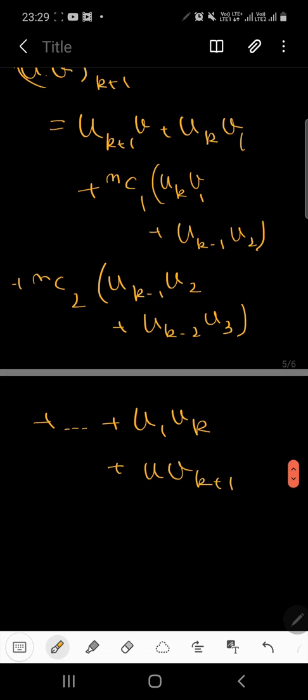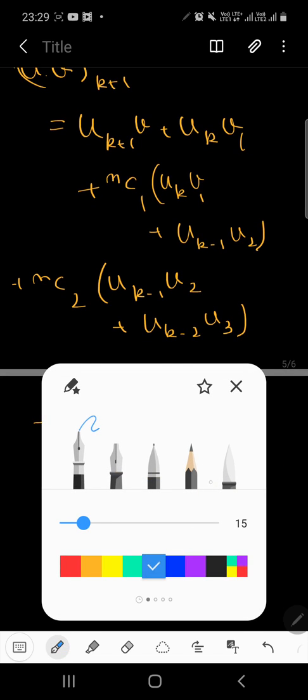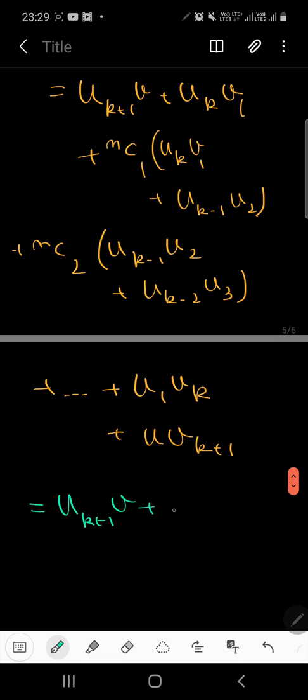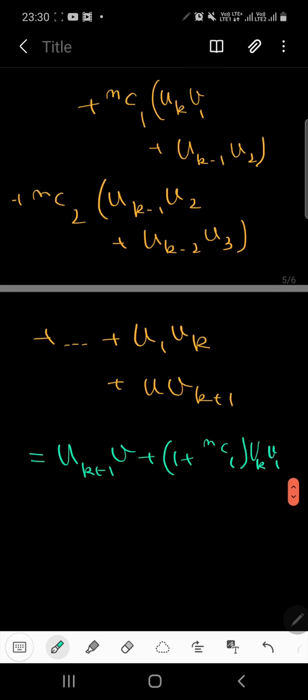Okay, now here we will use a trick. What will be the trick? Let's see. Basically, the first term we have is u_{k+1} v plus, we have 2 u_k v_1, so it is 1 plus nC1, u_k v_1 plus nC1 plus nC2 u_{k-1} v_2.